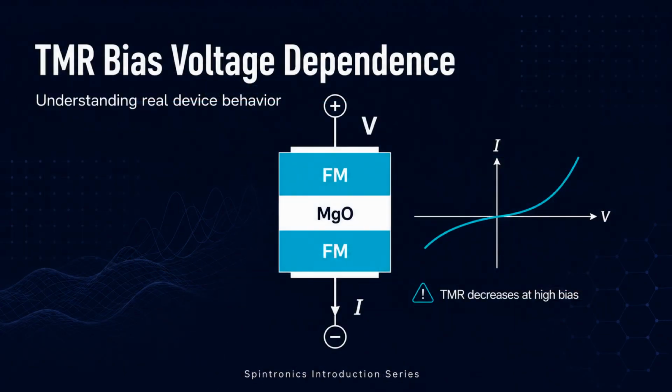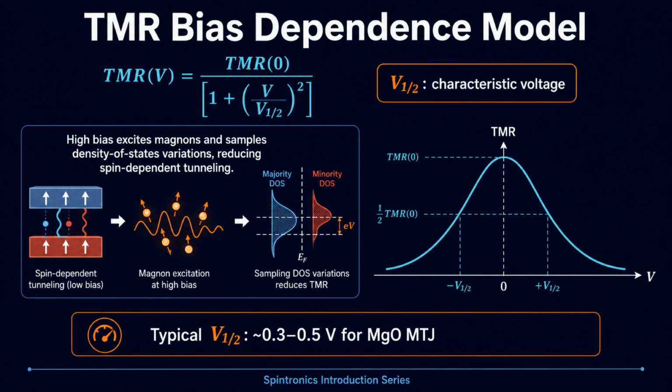Real MTJ devices show a voltage dependence of TMR that we should understand. Let's simulate how TMR changes with applied bias voltage. At zero bias, TMR reaches its maximum value given by the Julliere formula. But as bias increases, TMR decreases following an empirical parabolic dependence.